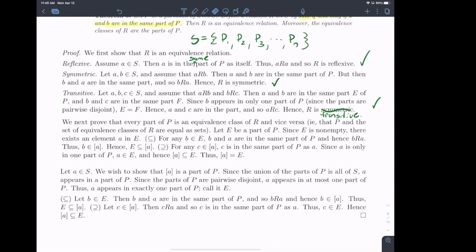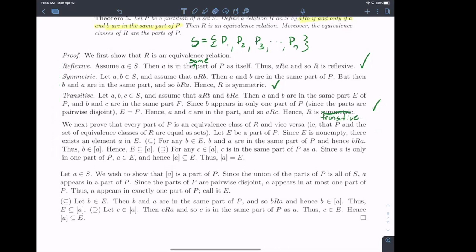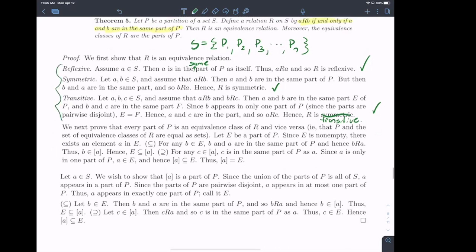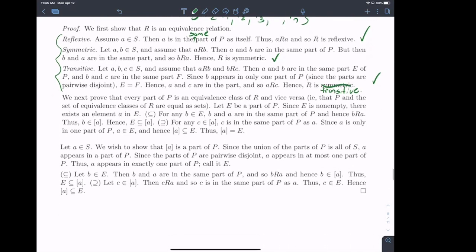Mostly I want to make sure we're clear why these partitions, in fact, give us equivalence relations from those properties.